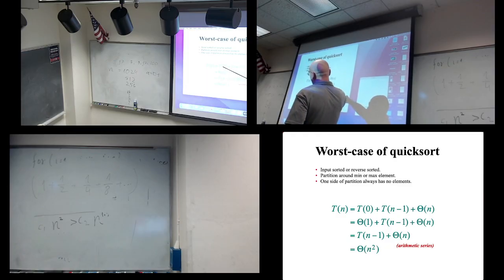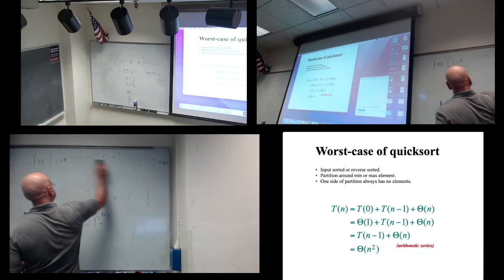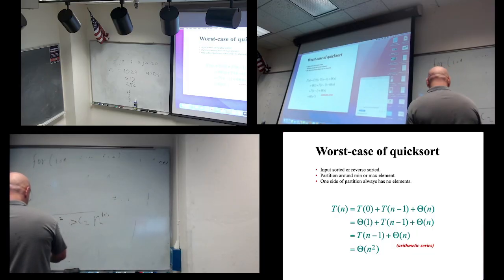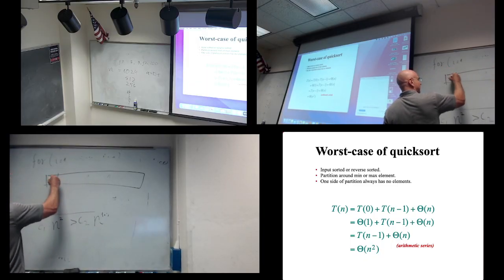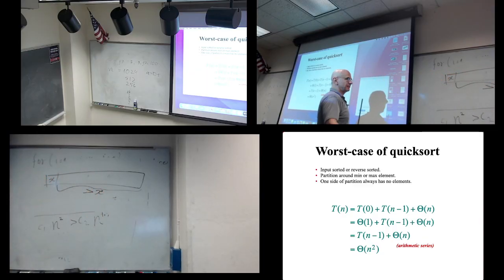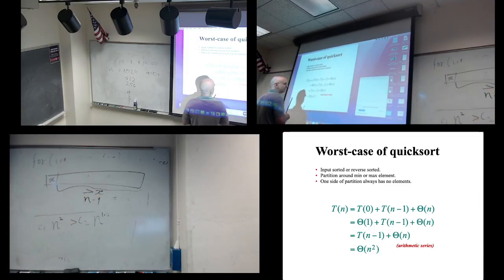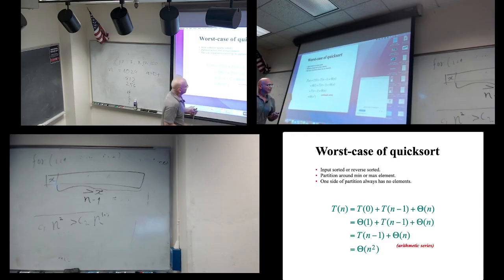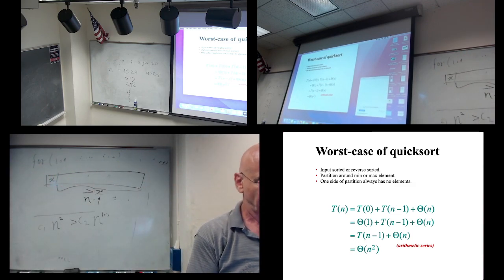But since the pivot was the smallest element, in the right side I will get the pivot right here, and everybody here is, of course, larger than the pivot, and there are n minus 1 elements over there. And actually, the partition did absolutely nothing. What will be the overall running time? I think that I have a slide. This is via recursive formula, recursion formula if you like it.